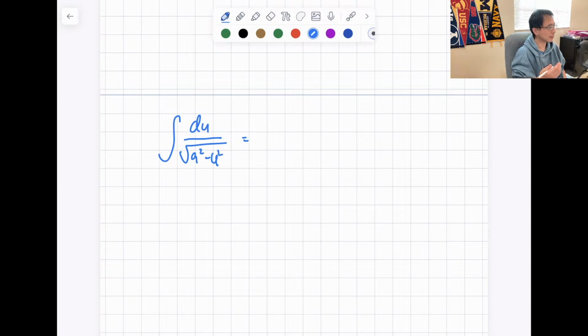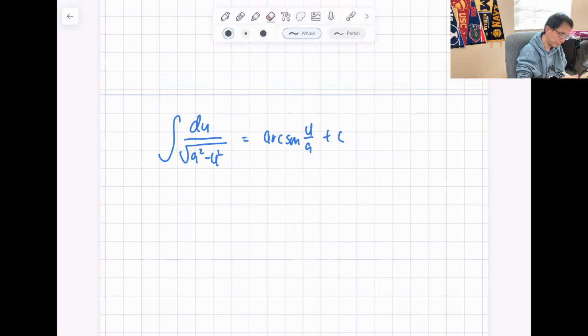Yeah, sine inverse. So the integration of this particular format is going to be arcsine of u over a plus c. What? That's a 9, it's a u. So what's next to the u? It's arcsine of u over a. U over a, yeah.